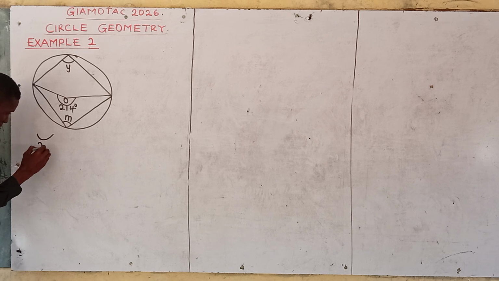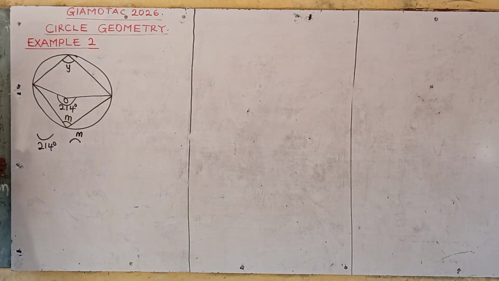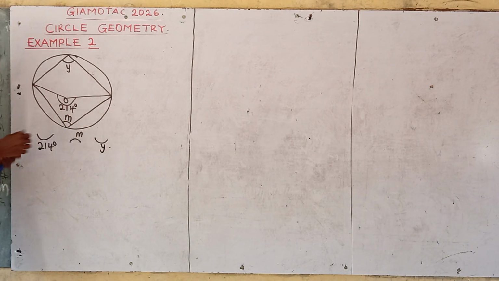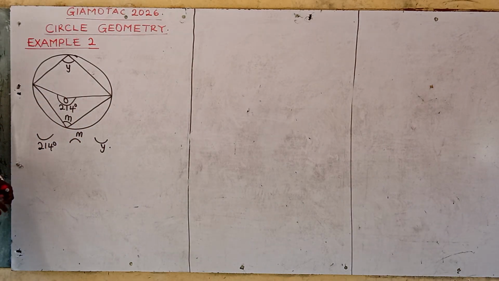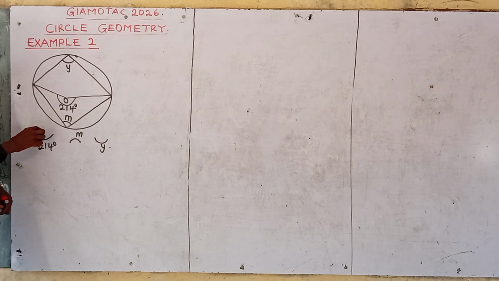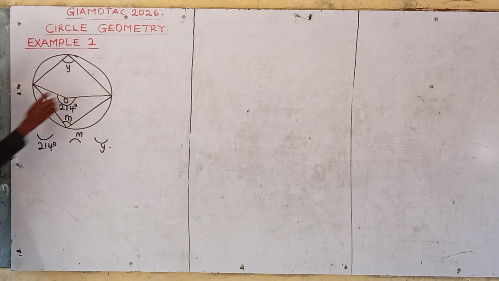Are you observing it? Your 214 is like this. Your m is like this. Your y is like this. Now, which one is going to be the circumference angle for the angle at the center here? It is definitely the arc that resembles the one at the center. This is the arc that resembles your 214 at the center.